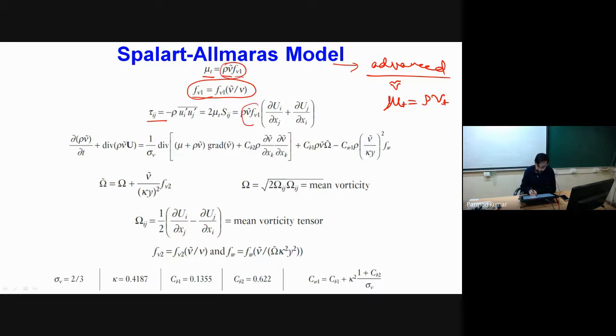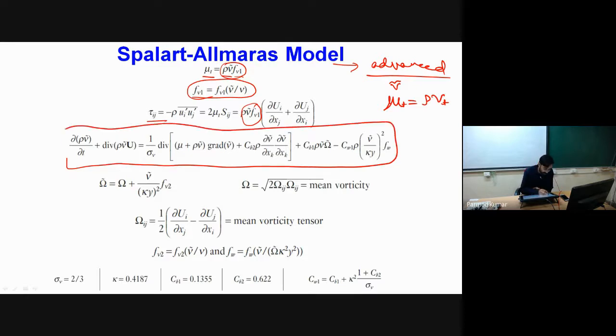So this new formulation is substituted over here, and another modification is that earlier we were considering eddy viscosity as isotropic, constant throughout. In this model, we don't consider eddy viscosity to be constant, but we solve an equation for transport of the eddy viscosity. So over here you can see this equation is nothing but the transport equation for eddy viscosity.